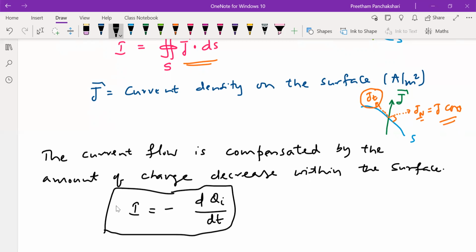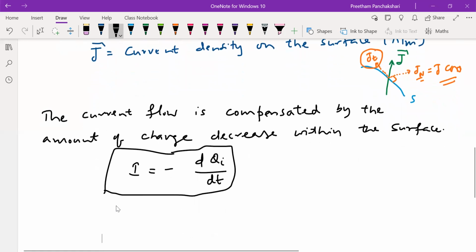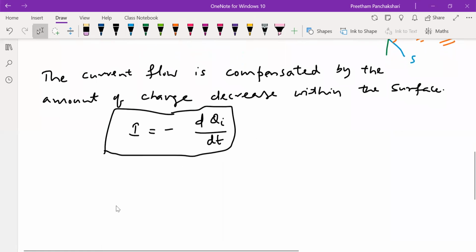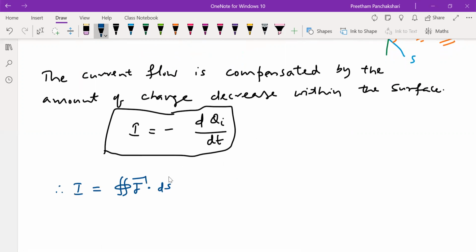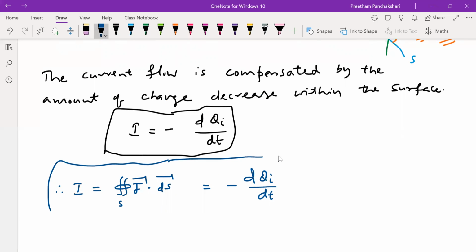Qi stands for the charge inside the closed surface. Combining these two equations, the current I has two possible representations. One is the surface integral of J with its normal component. The other is the time rate of decrease of charge within the closed surface. This is a very useful equation.